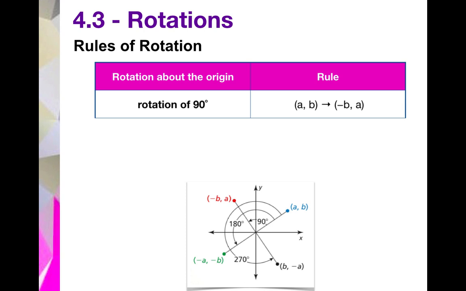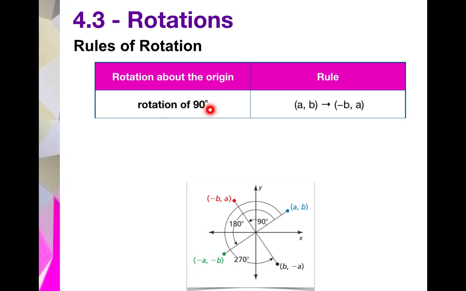So rotating about the origin, we have some rules that make life a lot easier if we're just handed xy coordinates. If the xy coordinates are (a, b), then rotating 90 degrees, it's (negative b, a). And when we're talking about rotating 90 degrees, we're talking about a counterclockwise motion. So 90 degrees is counterclockwise, 180 degrees counterclockwise, 270 degrees counterclockwise.